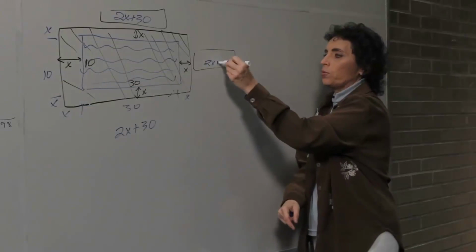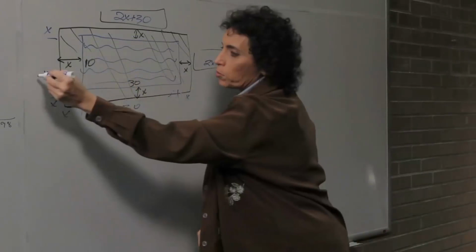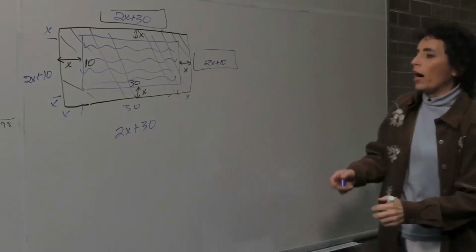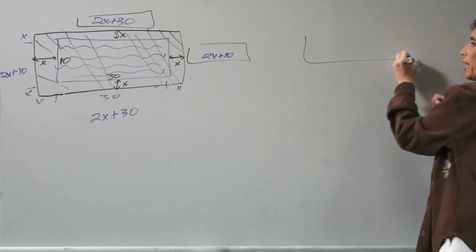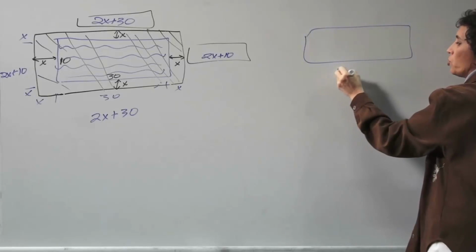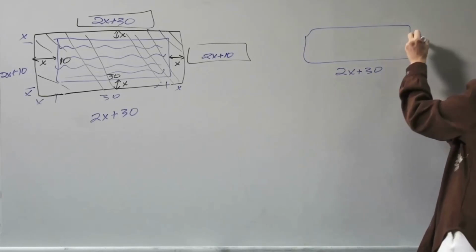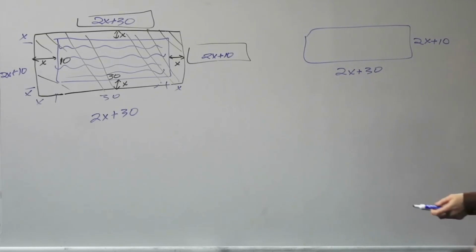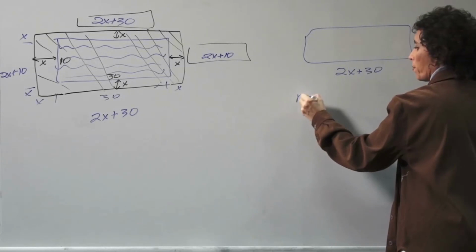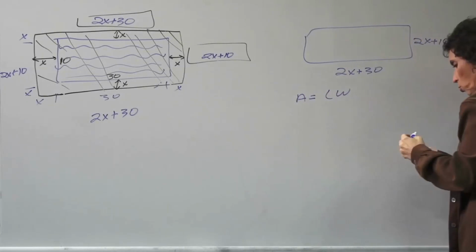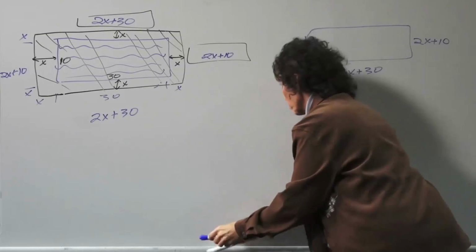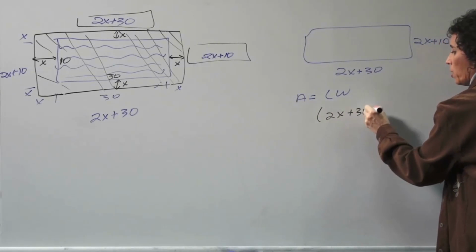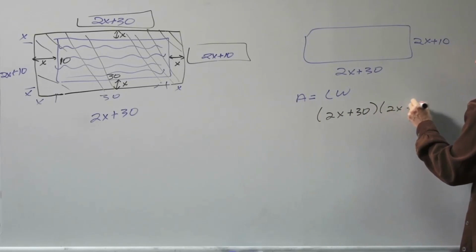So I have a rectangle that's 2x plus 30 by 2x plus 10, and I want the area. How do I get the area? I multiply the length times the width. So all I have to do is 2x plus 30 times 2x plus 10.